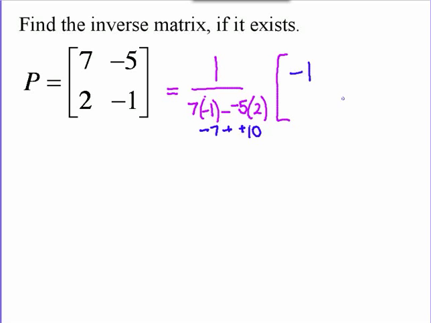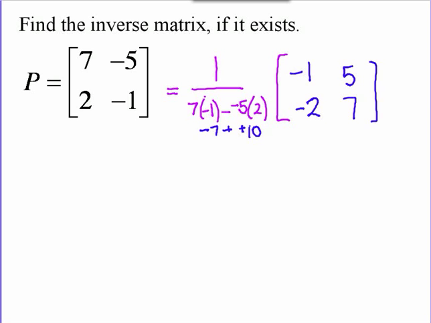Negative 1, 7. There's your switch spots. What do I do on the next diagonal? Switch signs. So instead of being a negative 5, what does that become? Positive 5. What does the 2 become? Negative 2. So switch spots, switch signs.